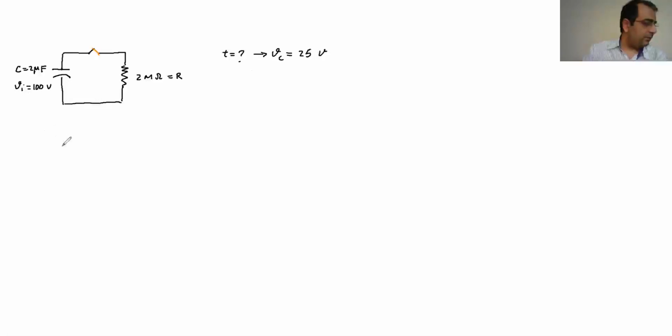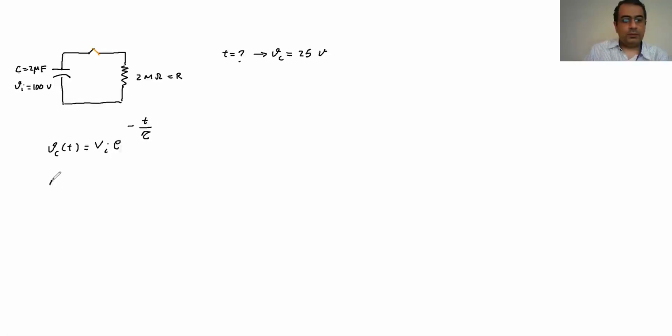So we know that the solution for that equation is that VC(t) is equal to VI e to the power negative t over tau.